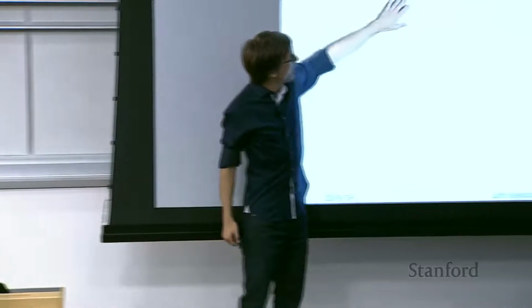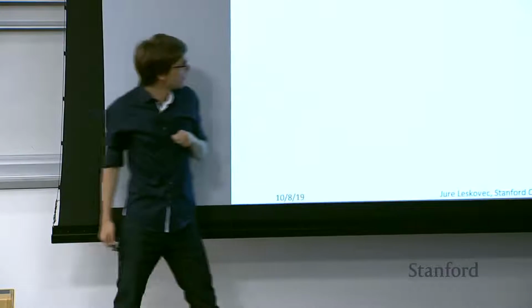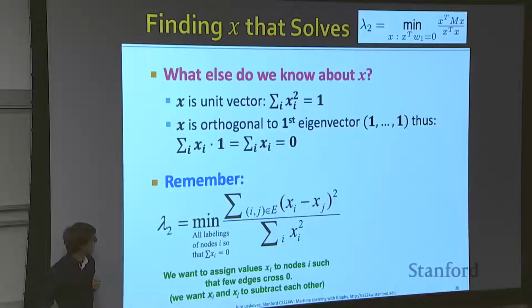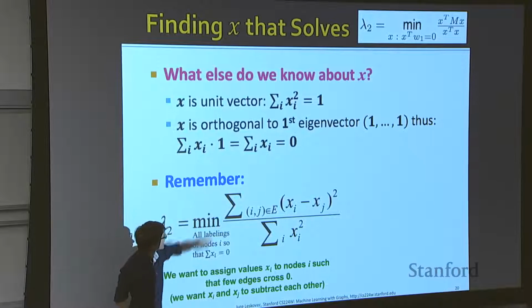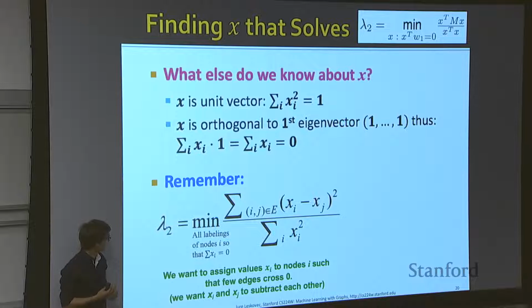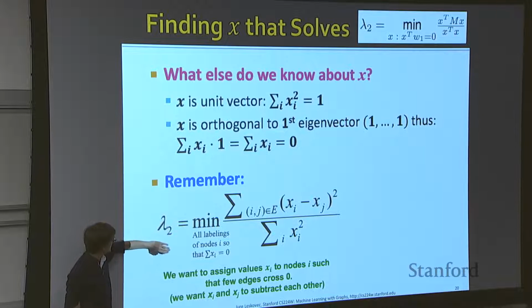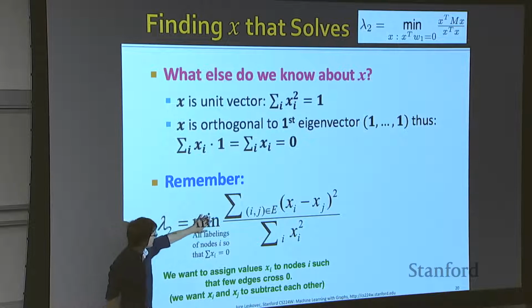So now I will restate the equation in the top right corner, what we did in the previous slide. I can restate the equation over the graph Laplacian as the following: lambda 2 is a solution to the following optimization problem.